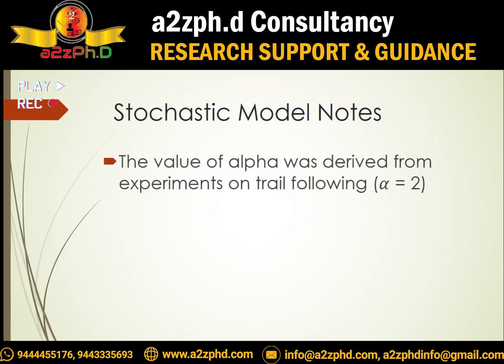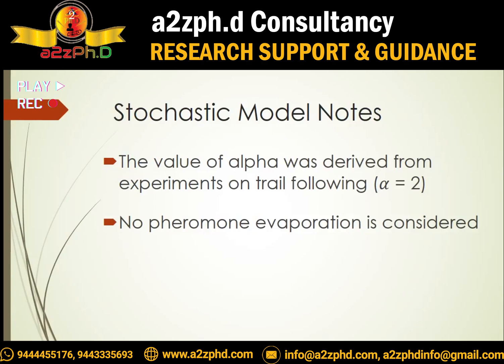So some notes on this model. The value of alpha that's shown in that previous equation is an experimentally derived value, and it's taken to be equal to 2 based on the efforts to make the model correlate with real experiments. No pheromone evaporation is considered in this model because the timeline of convergence for this ant behavior is much shorter than the amount of time required for the pheromone to begin to evaporate.